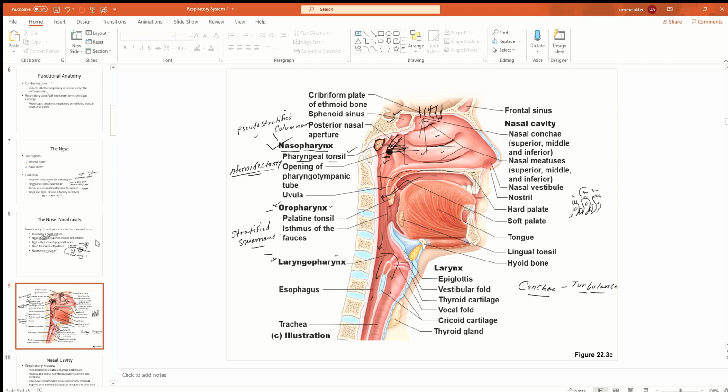Why? Because food passes through these two parts. Food causes friction, and that's why you need that layer of stratified squamous to prevent lesion or inflammation. Okay, because food is hard, air is not. So those are the things you need to know from this slide.